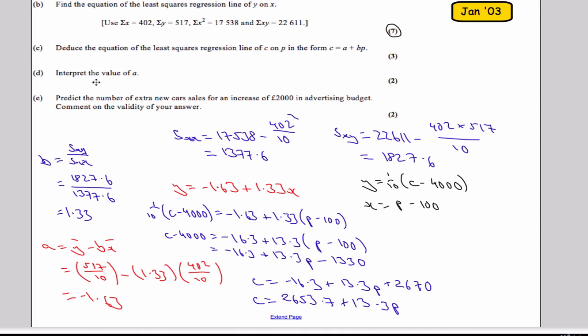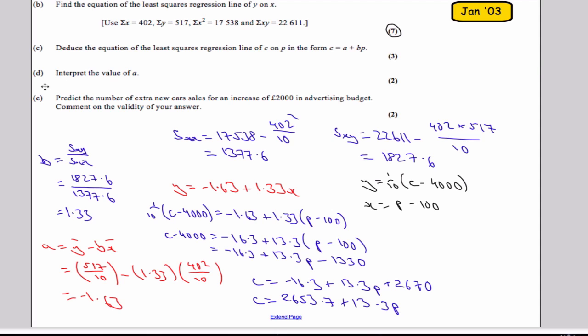Okay, interpret the value of A. Right, so we're choosing A, I'm guessing, from this equation here. And what I would say is this would be the numbers sold if nothing was spent on advertising. So if P was 0, I would expect to sell 2,653 cars.